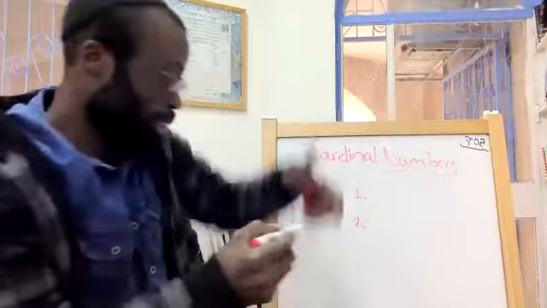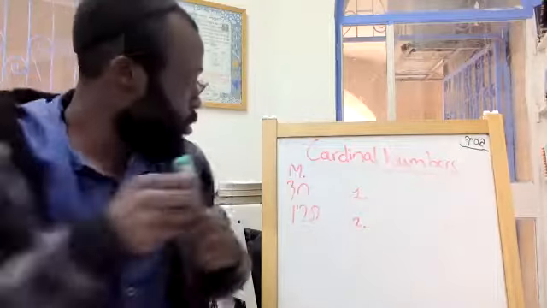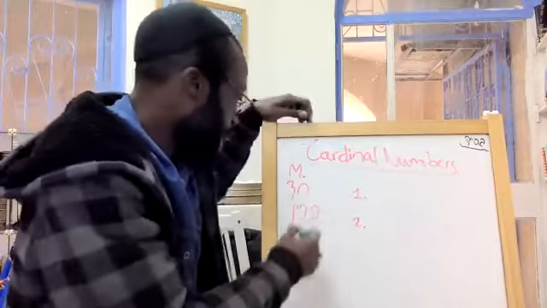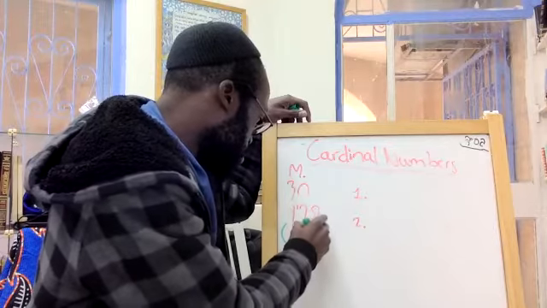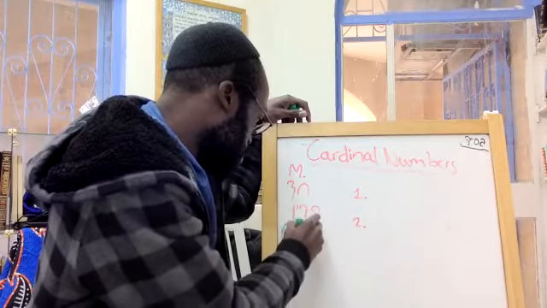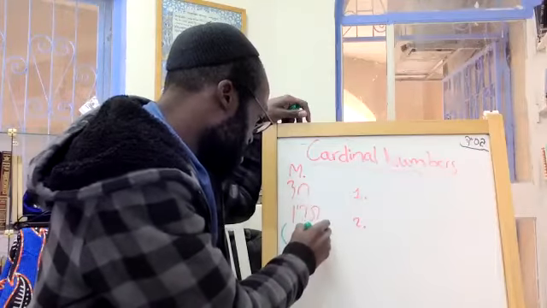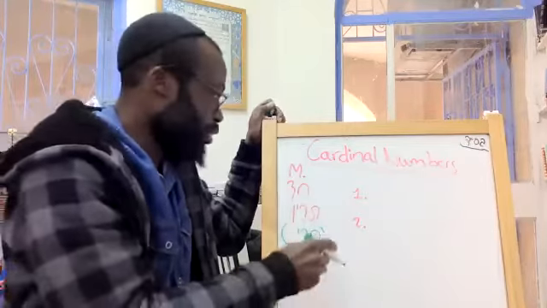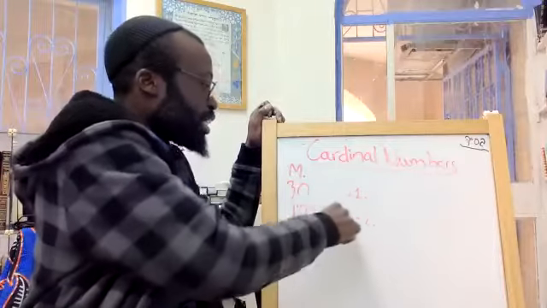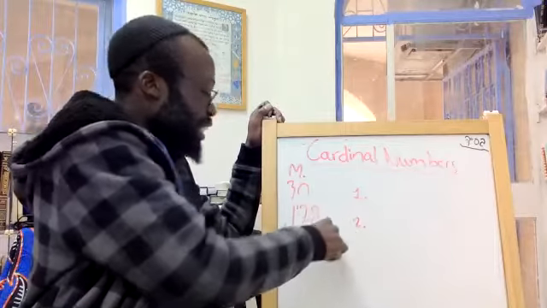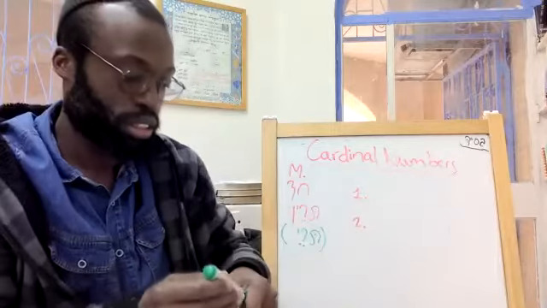You will also sometimes see it written without the nun, like this. It means the same thing. So Chad is one, Tre or Tren is two.